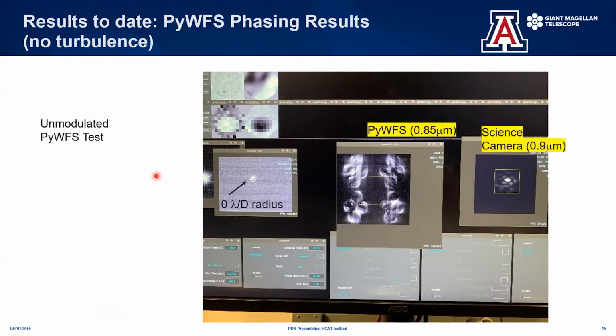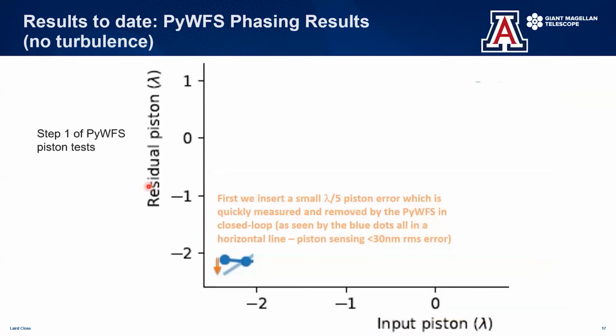So we're going to use the pyramid wavefront sensor to sense segment piston, and this is the 0 modulation. So we're not modulating on the tip of the pyramid. We can basically apply a piston error and then see if the pyramid wavefront sensor can sense that piston error and then correct it.